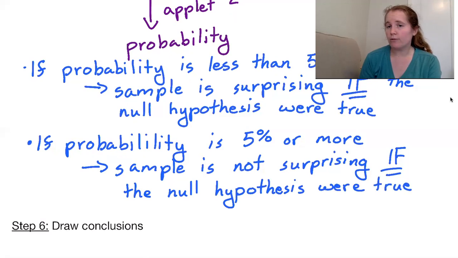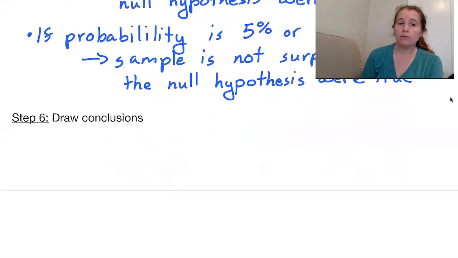The probability we are finding is essentially the probability of getting a sample as extreme as ours if the null hypothesis were true. And then we draw conclusions.